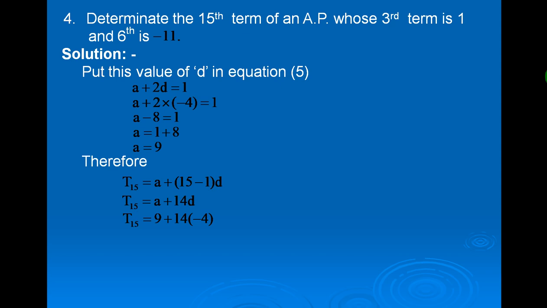Therefore, T15 is equal to 9 plus 14 into minus 4. Therefore, T15 is equal to 9 minus 56, or T15 is equal to minus 47.